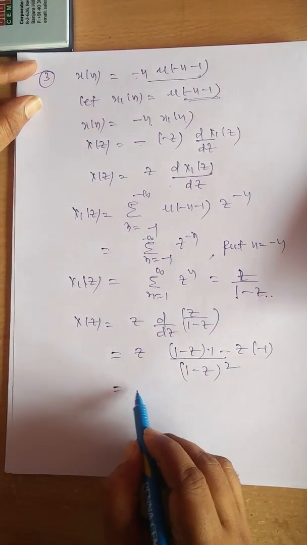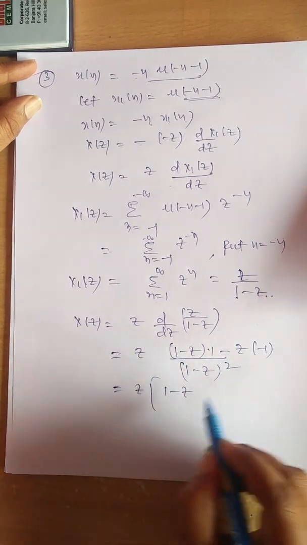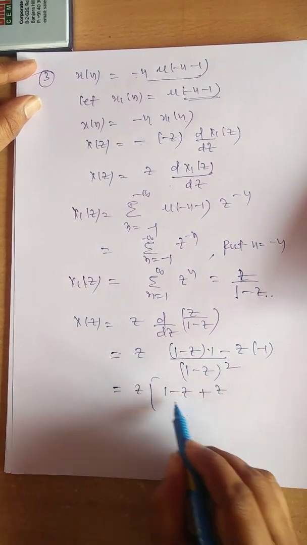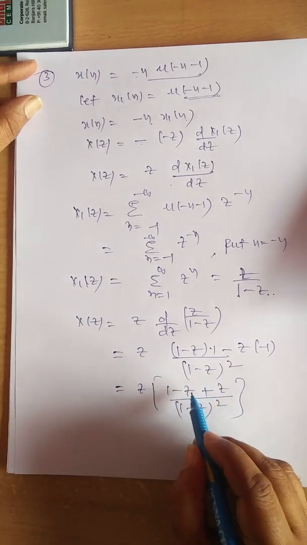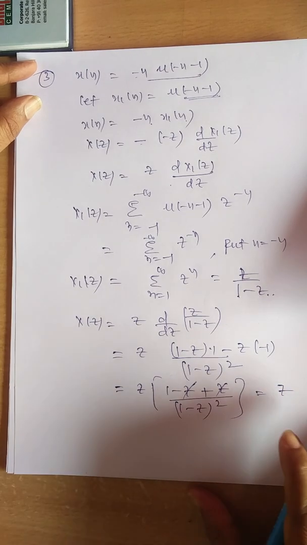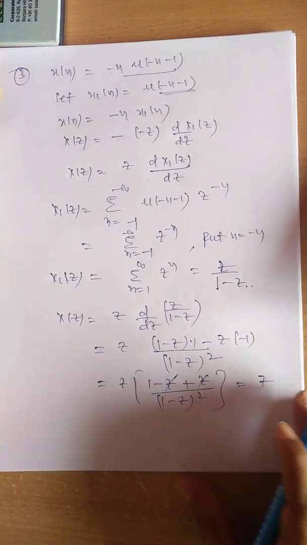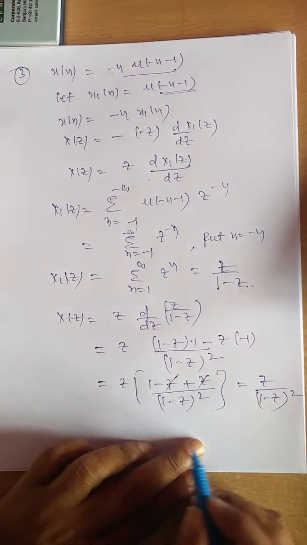That is, you'll get z into (1 minus z), minus of minus will become plus z, whole divided by (1 minus z) whole square. This z and this z get cancelled. It will become z divided by (1 minus z) whole square.